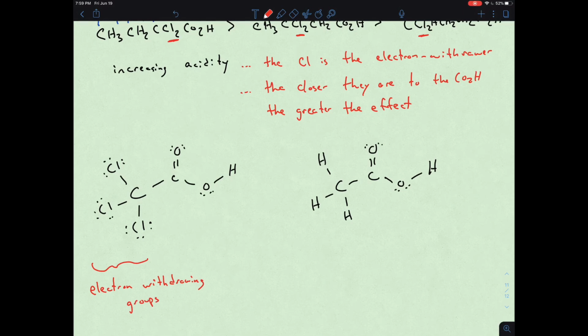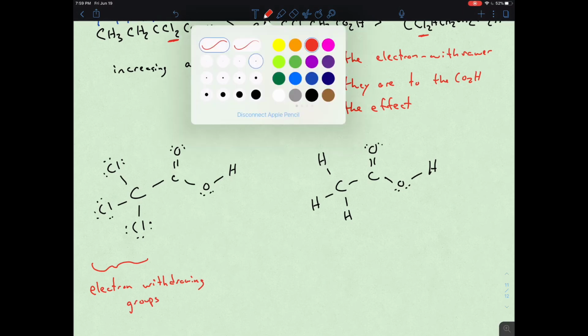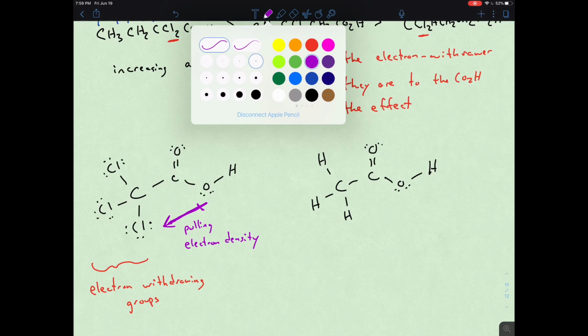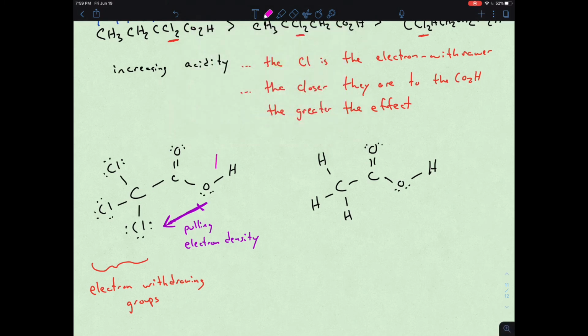And so they're basically pulling electron density towards them. As a result, that is making the OH bond here weak.